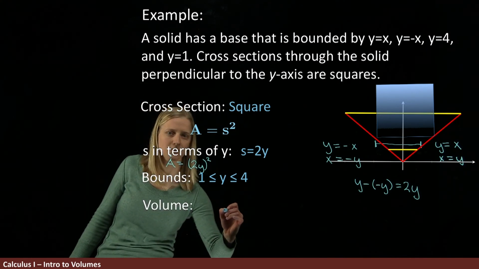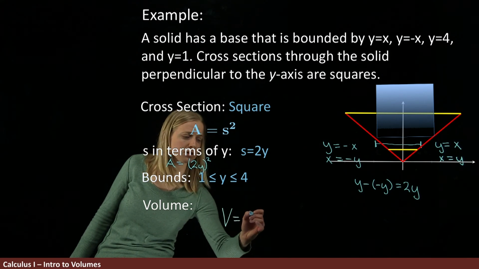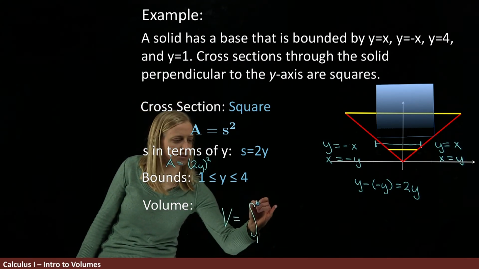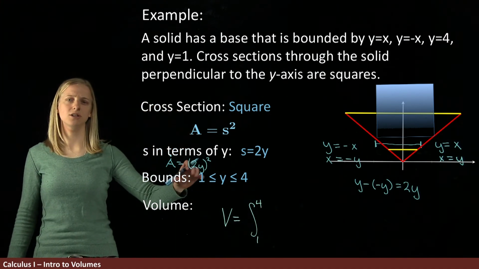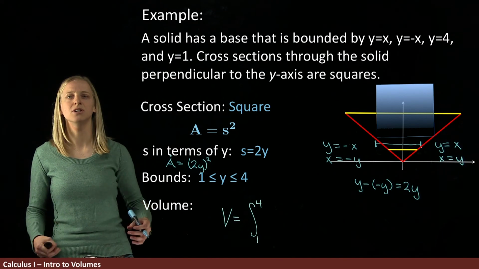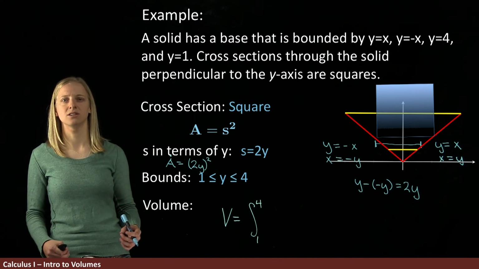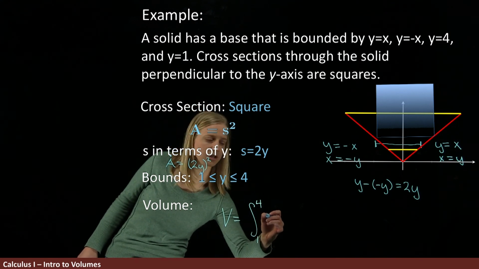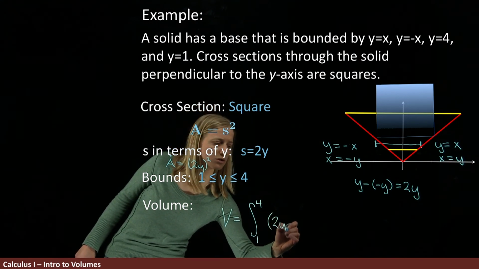The volume is going to be, again, that integral from 1 to 4 of all of that area equation, because remember, what we're doing is summing up an infinite number of cross sections.